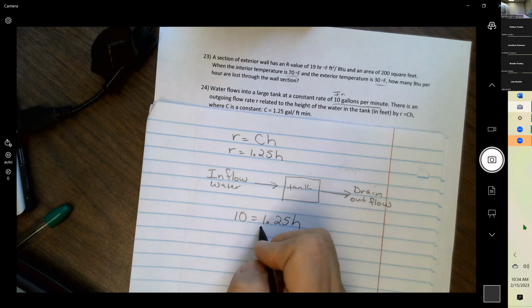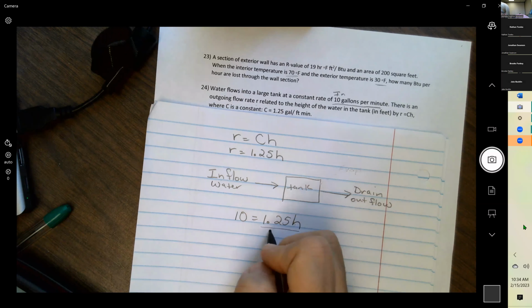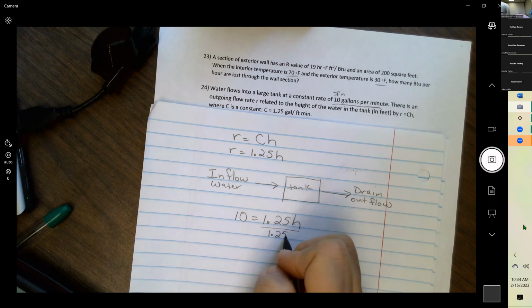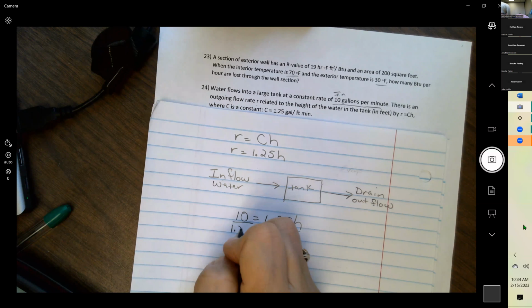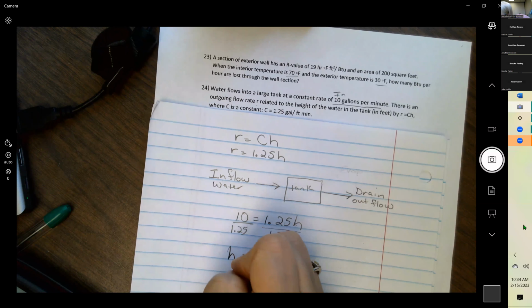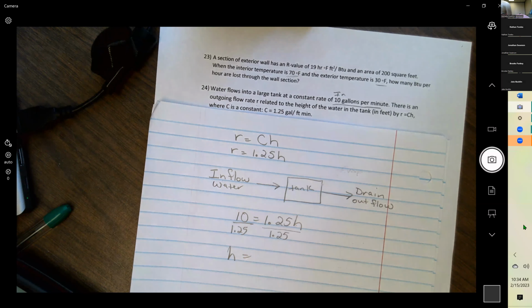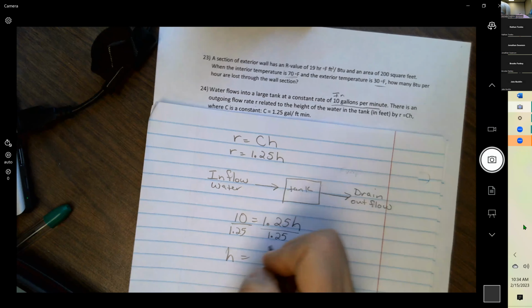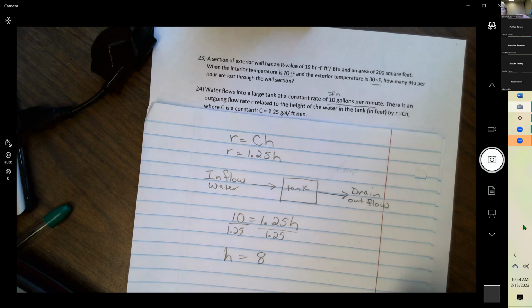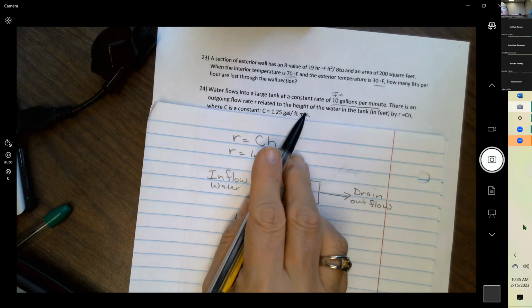If we divide, because this is multiplied, you divide by it to get H by itself. And we get 8. So the height is 8 feet.